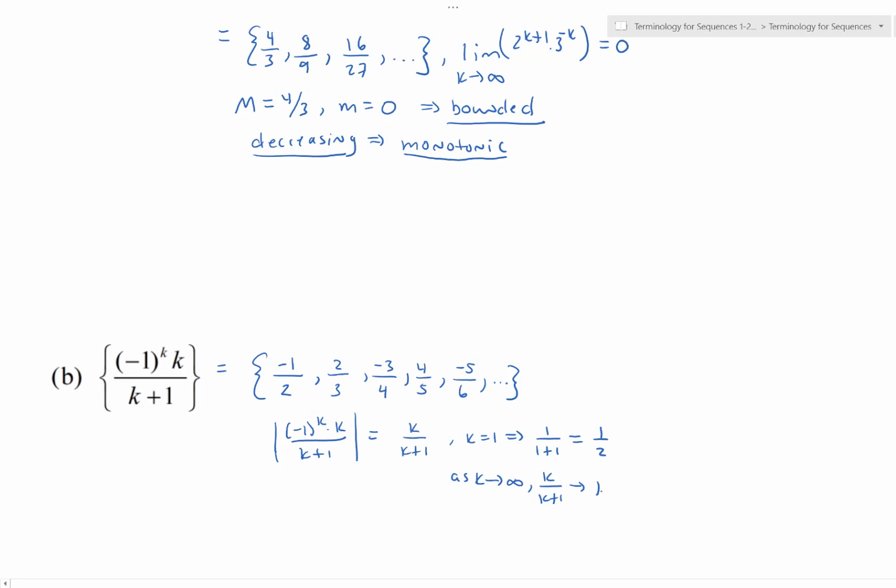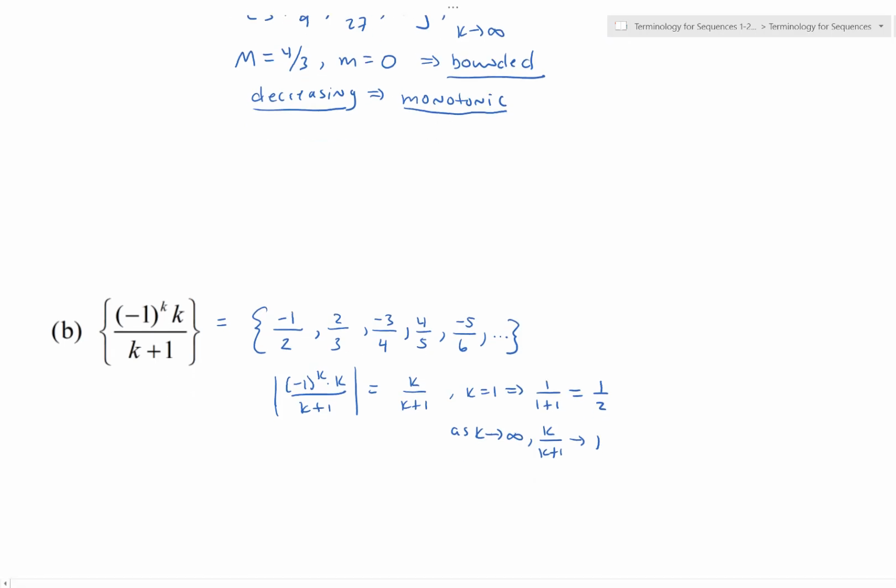So we see the magnitudes are growing from the very smallest term toward 1, but because it's switching signs on each term, we could say that this function is bounded below. Okay, what's it bounded below by?